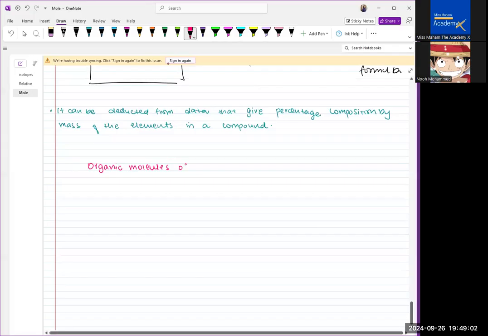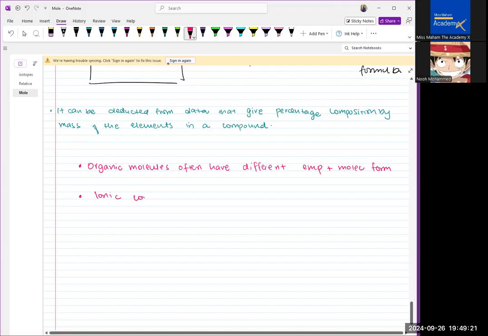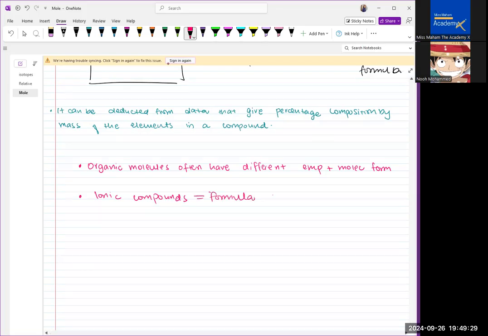Organic molecules often have different empirical and molecular formulas, and for ionic compounds the formula is always the empirical.